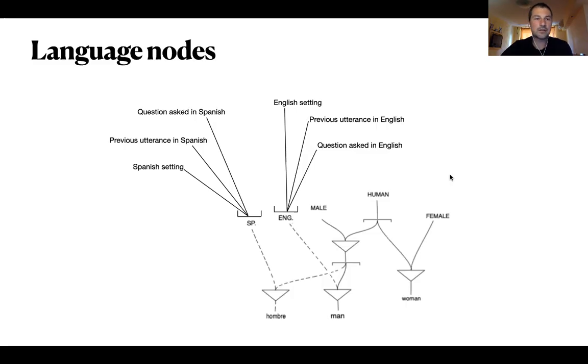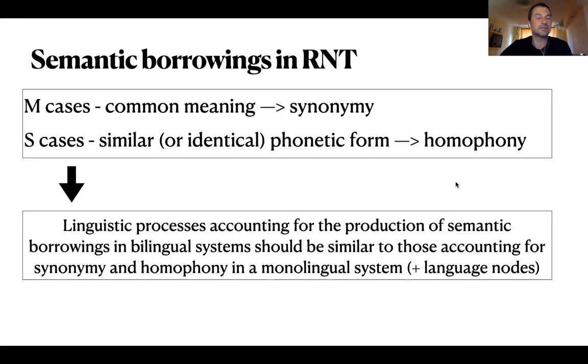Now, how can this view of the system help us in explaining linguistic semantic borrowings? Going back to this phenomenon, we have to observe that meaning-induced cases, as we said, rely on common meaning. But we know that common meaning in a monolingual system is usually referred to as synonymy, whereas sound-induced cases rely on similar or even identical phonetic form.